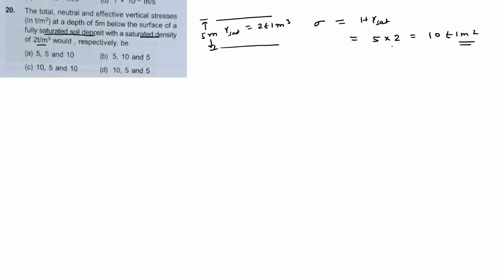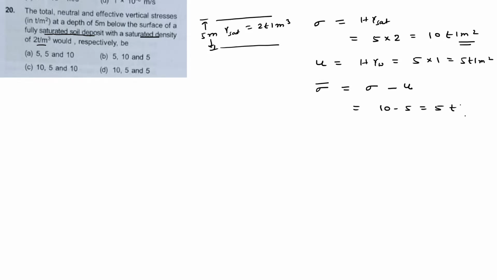And u is equal to h into gamma w, so 5 into 1, this is 5 ton per meter square. Effective stress is total stress minus pore water pressure, this is 10 minus 5 is equal to 5 ton per meter square.